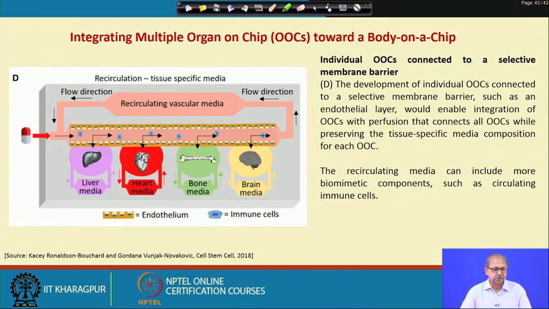Then the last module is where each organ is connected by perfusion modules. Here recirculation is there and each organ on chip is individually cultured in its individual media, and then they are connected through a common channel with endothelium, where immune cells will be passing, and this is the circulating flow direction by which all cells are connected keeping their individuality.